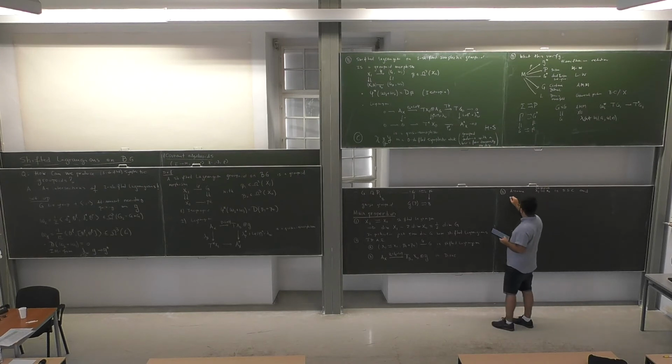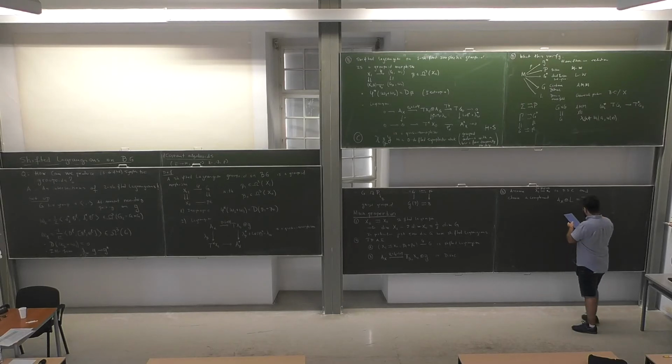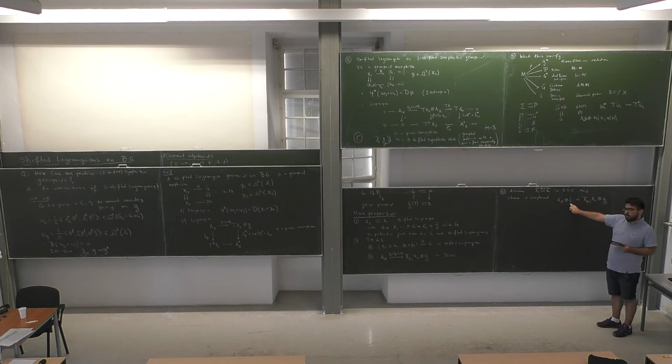And now I choose a complement for the Dirac structure over there. So A of x plus some L equals my T of beta 0 x0 plus G. So choose a complement.